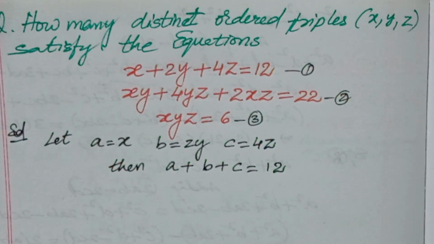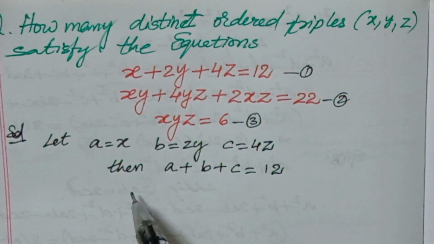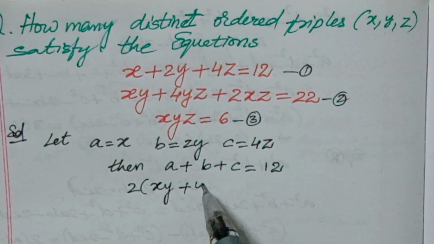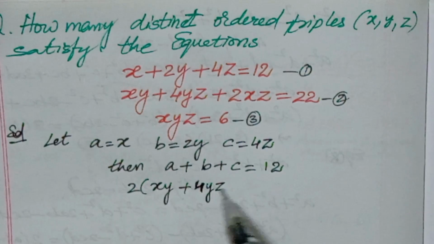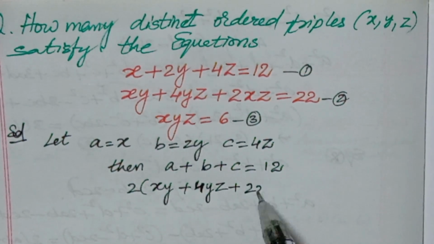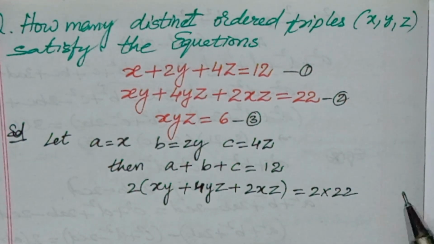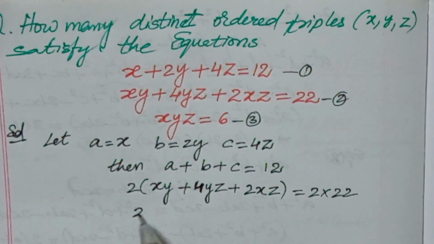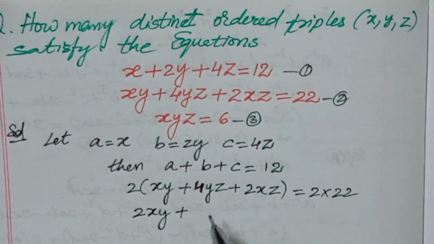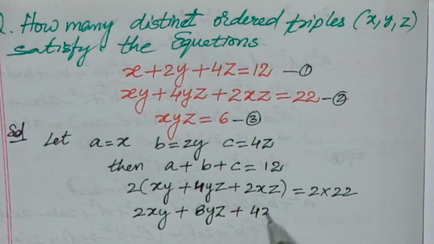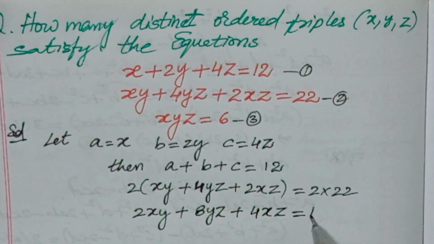Now what about the second equation? Here you have to multiply by 2. Multiplying 2 on both sides, 2xy + 8yz + 4xz = 2 into 22, which is 44.